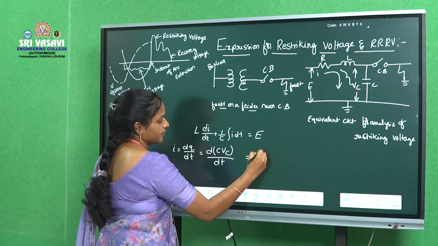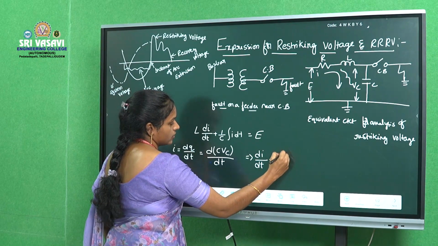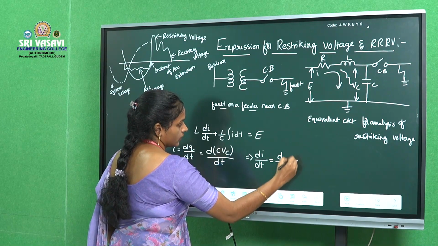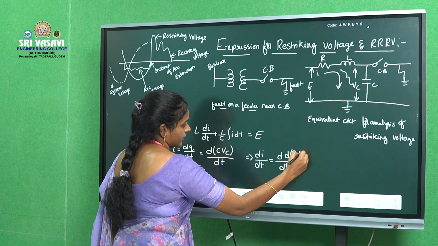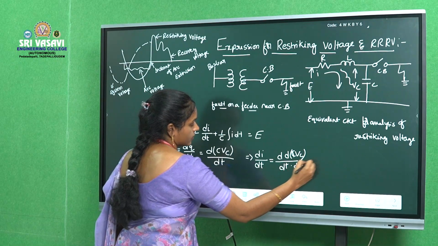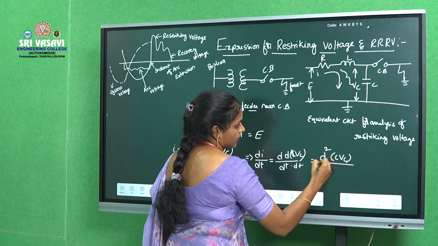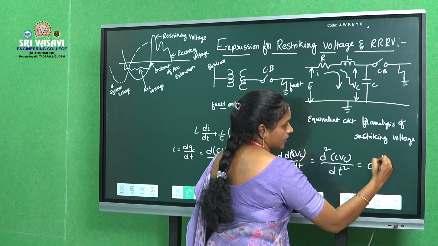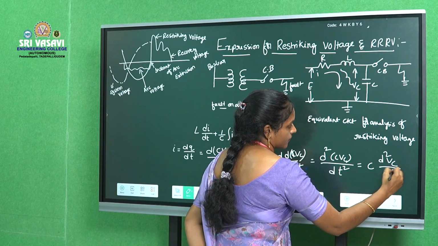Then di by dt can be written as d by dt of d CVc by dt, so it can be written as d square CVc by dt square. So it can be expressed as C into d square Vc by dt square.